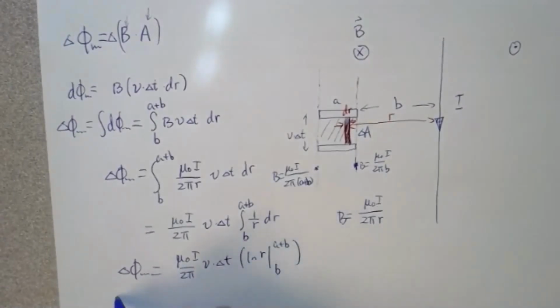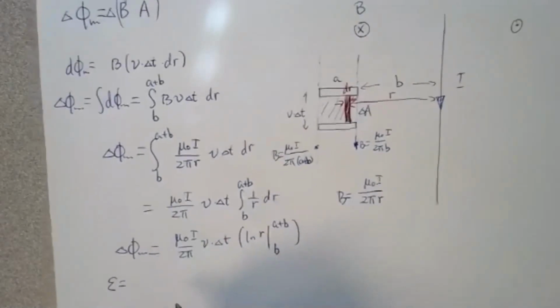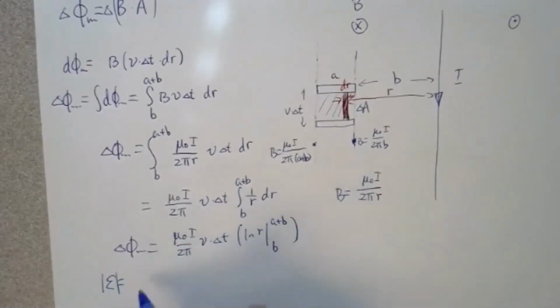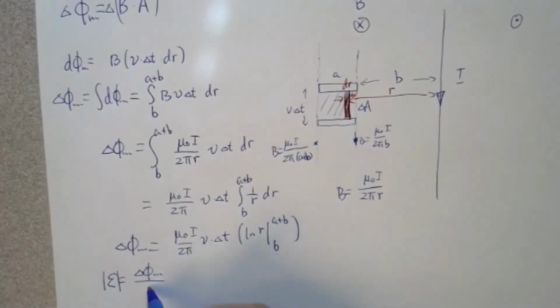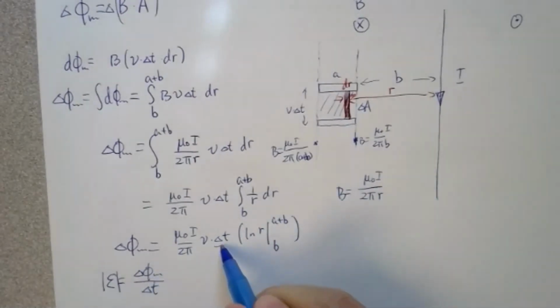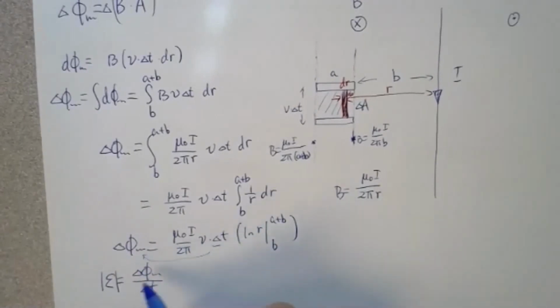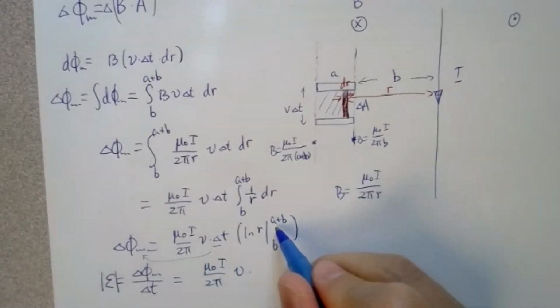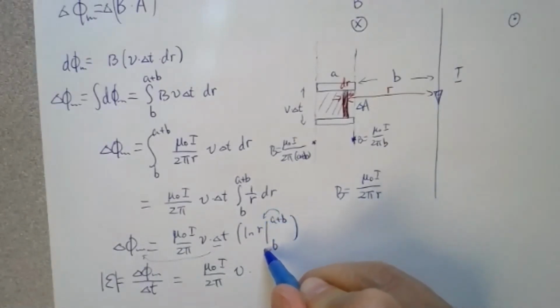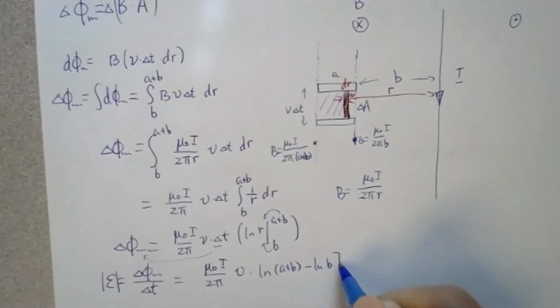And then for the EMF, if you look at just the absolute value of it, that should be equal to the change in flux over the change in time t. So you move delta t to the other side of the equation. Then it will be equal to mu naught I over 2 pi times v times the upper limit minus the lower limit. That gives you ln of a plus b minus ln of just b.